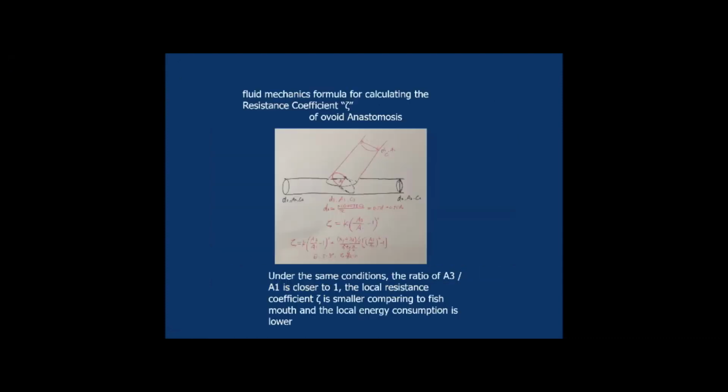And this is the result of the zeta calculation. Under the same condition, the ratio of A3 to A1 is closer to 1. So the local resistance coefficient zeta is smaller compared to the fish mouth, and the local energy consumption is lower.